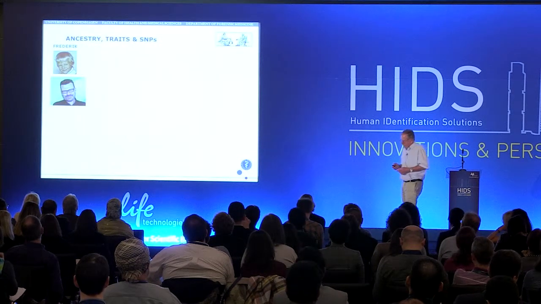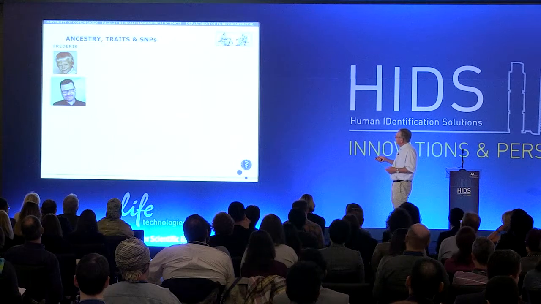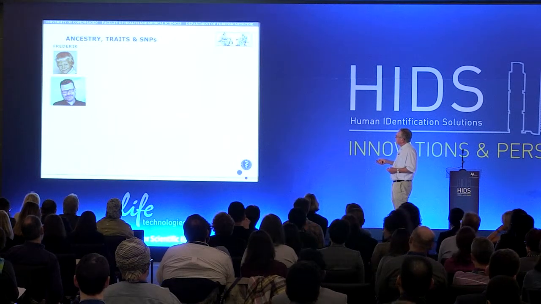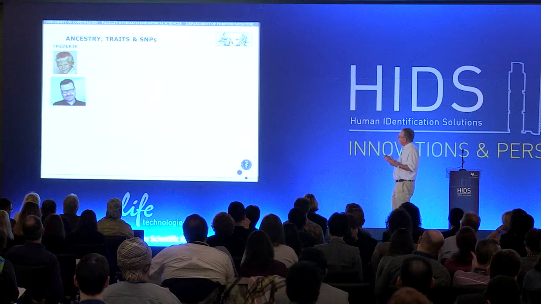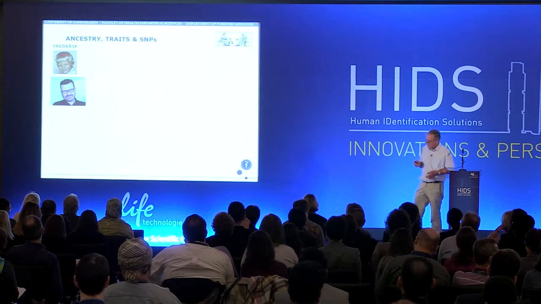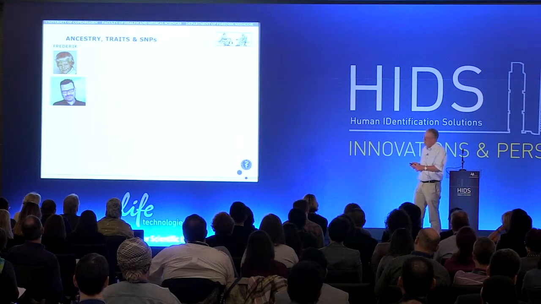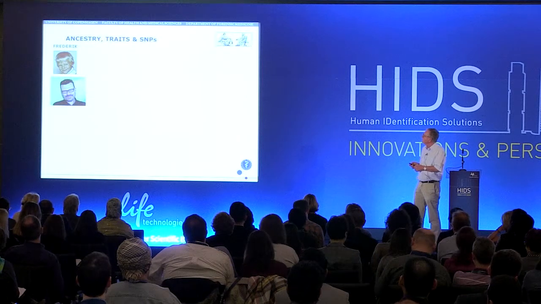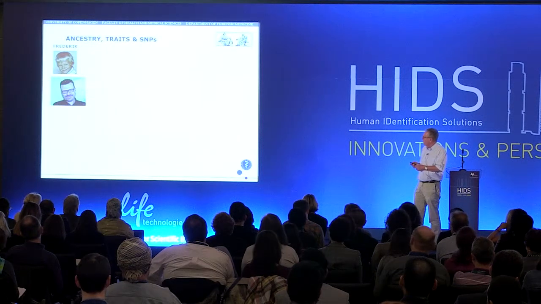Here we have Frederick. This is how he looked when he was a child, and that's how he looks today. So now we wanted to see what are the results from SNP typing for phenotypical traits, hair color, eye color.